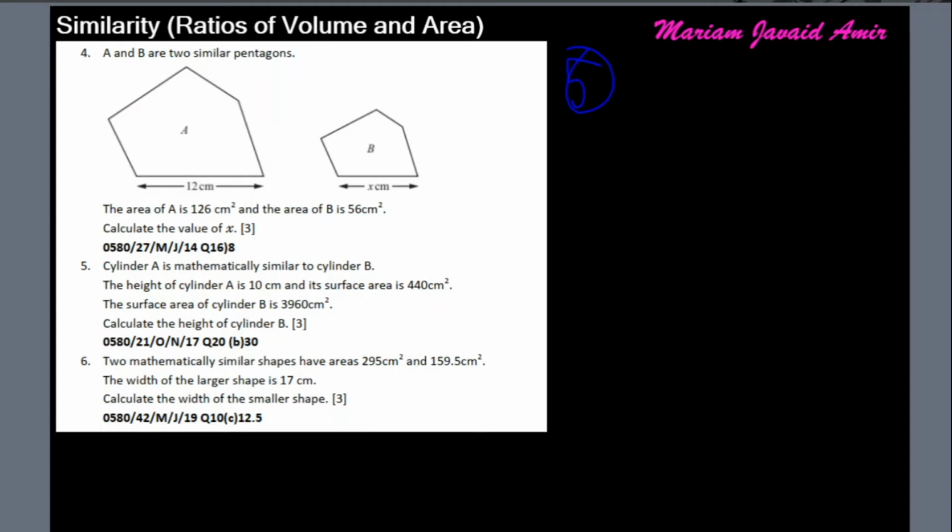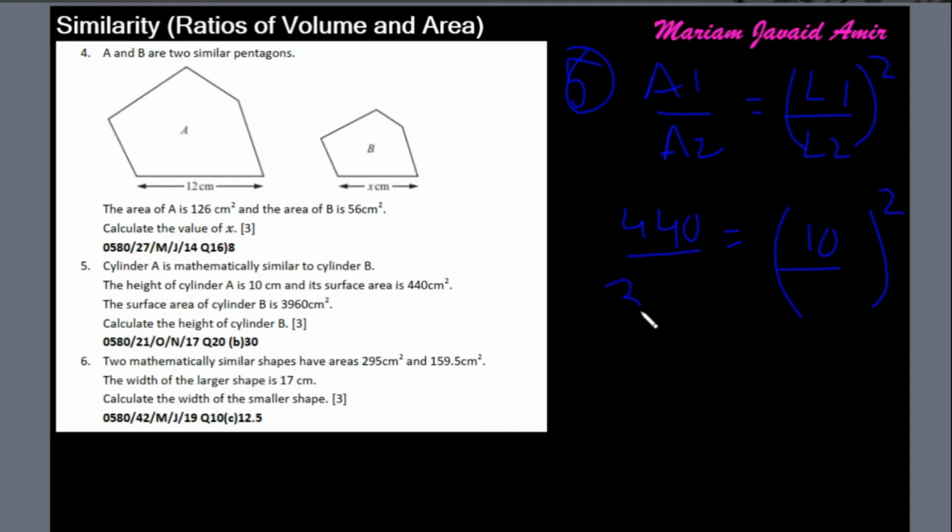So simply again we will be using this formula: A1 over A2 equals L1 over L2 whole square. So A1 is 440 and its corresponding length given is 10 whole square, and then A2 is 3960 and we need to find its corresponding length.